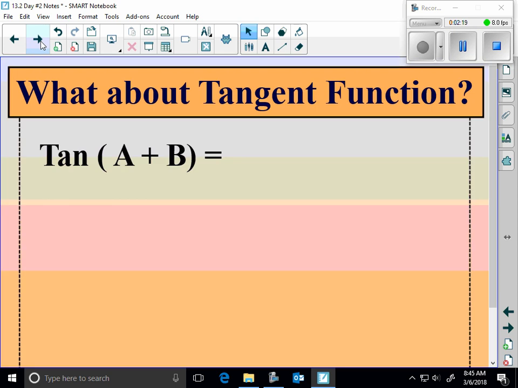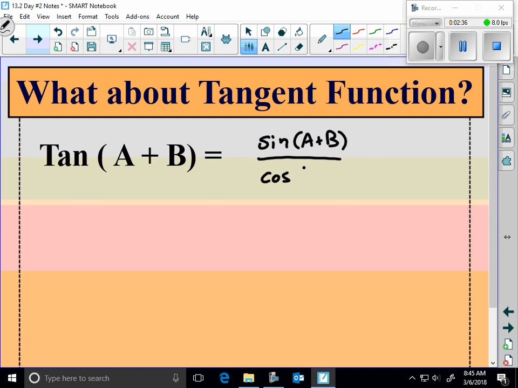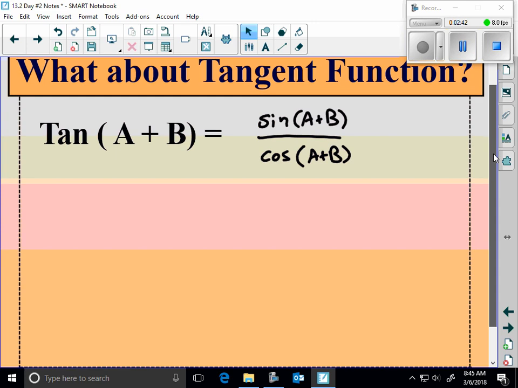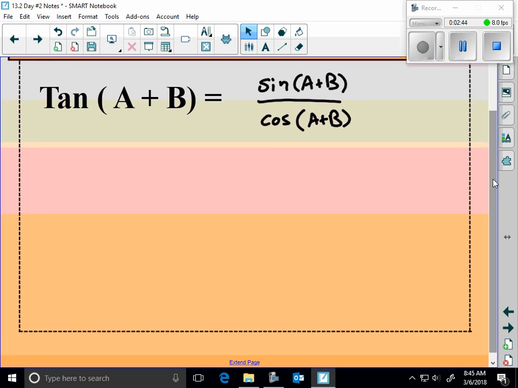All right, so we've talked about sine of A plus B, cosine of A plus B. Let's talk a little bit about tan A plus B. So tan is defined as sine over cosine. Now from here, we can do some work with what we know about these. And I'm going to leave a little bit of space. You'll see why in just a moment.